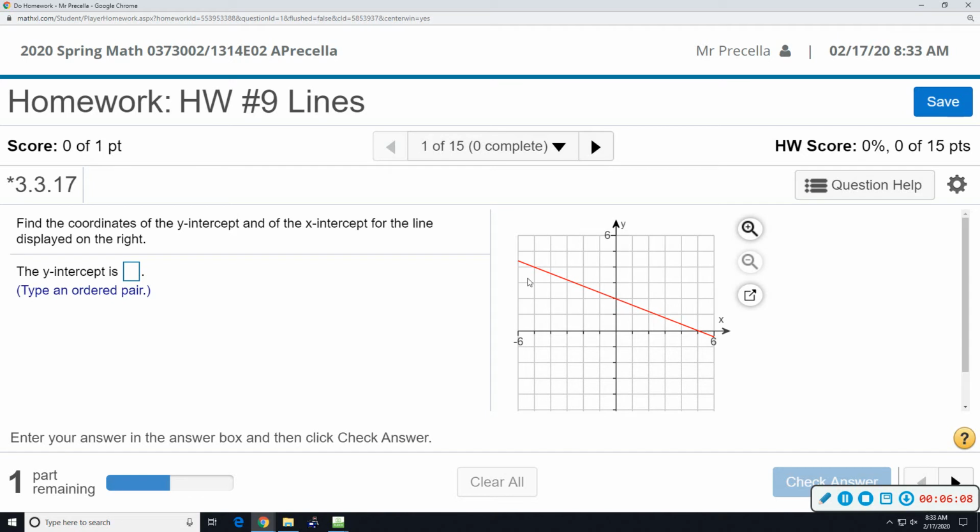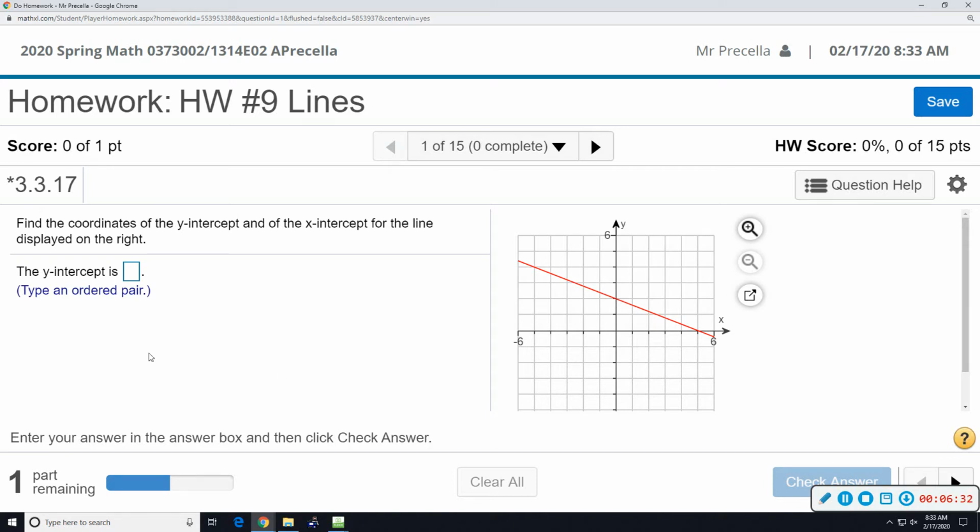So where is this graph crossing the y-axis? That's what it means by y-intercept. Is it crossing it at 2? But wait a minute. It's got to be an ordered pair. So I'm not just going to put a 2 there. What would this ordered pair be? Right here. Do y'all see where the cursor is? That's where I'm looking. What would that ordered pair be?